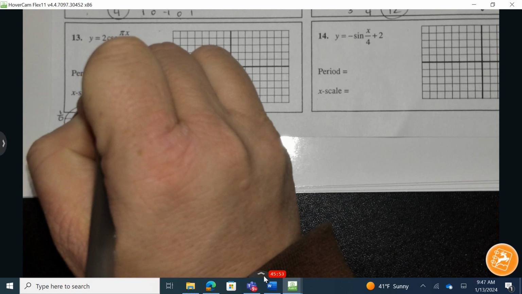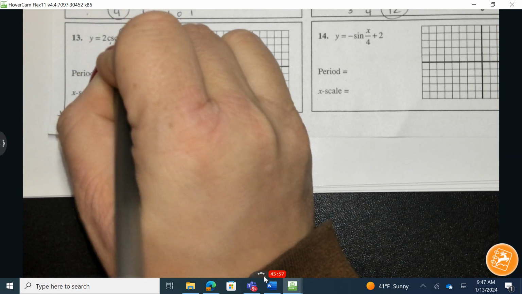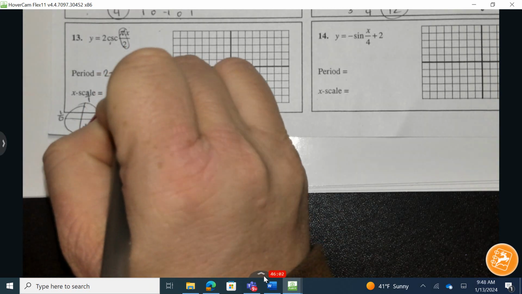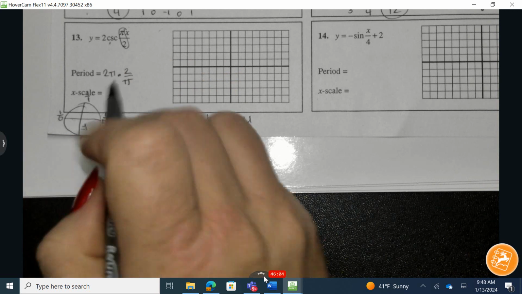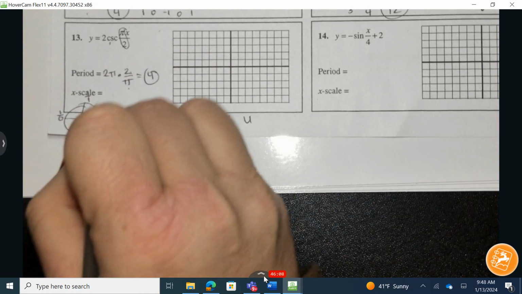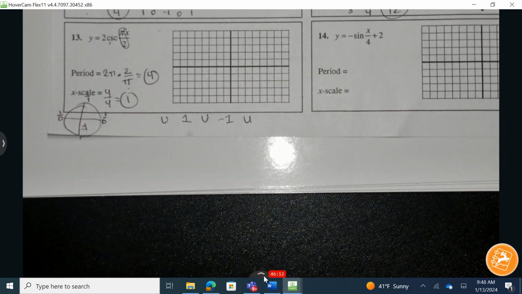I may be mixing up my words here. So I'm going to take 2 pi, and since this is a reciprocal of sine, I'm going to divide it by the value in front of the x. So divided by pi over 2, which is like multiplying times its reciprocal, 2 over pi. I get 4 pi over pi, which is the same as 4. And dividing this by 4, I get an x scale, or a distance on the x-axis, of simply 1.